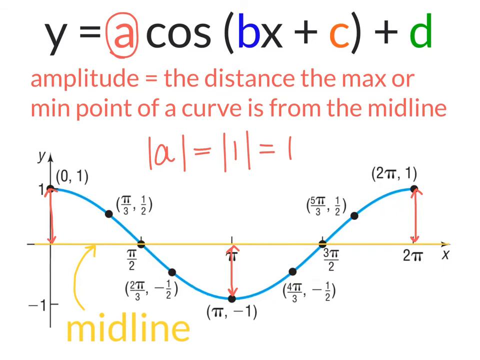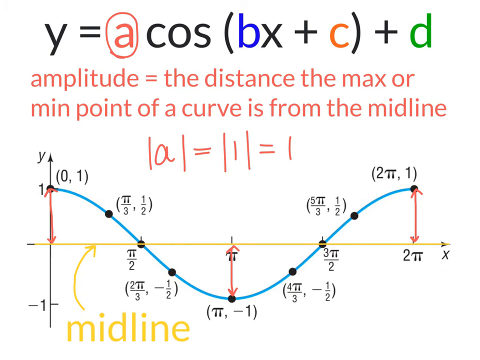And now amplitude is the same definition. It's the distance from the midline. And the midline here cuts this function in half. It's still the x-axis, but again, to remind you that if you have this d value here that's not 0, so if it was like +1, the midline would go up 1. If it was -5, the midline would go down 5. So keep that in mind.